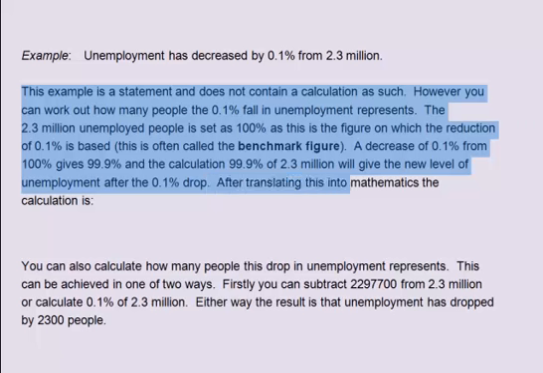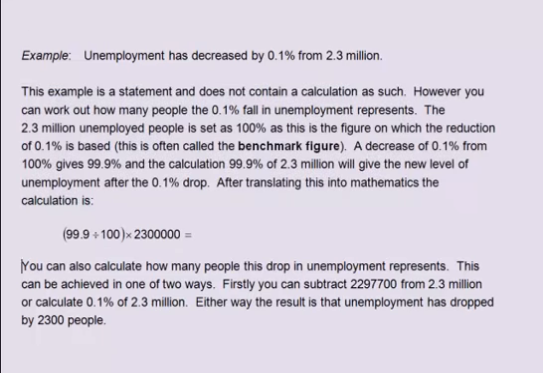After translating this into mathematics, the calculation is 99.9 divided by 100 multiplied by 2,300,000 equals 0.999 multiplied by 2,300,000, which equals 2,297,700.